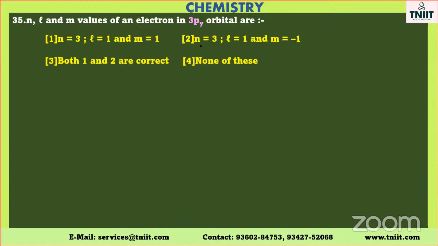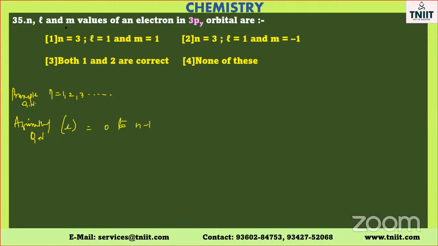The next question, n, l, m values. The n, l, m values of an electron in 3p orbitals are. Now you should remember n is the principal quantum number. It can have a value 1, 2, 3 and goes on like this. Now the azimuthal quantum number, represented by letter l, has a value 0 to n minus 1.